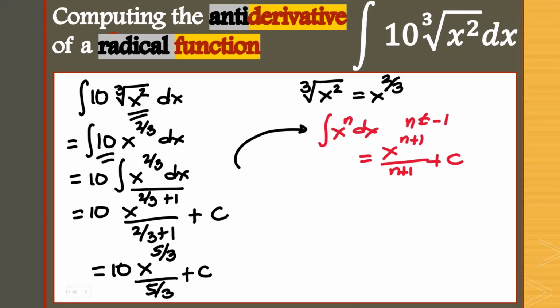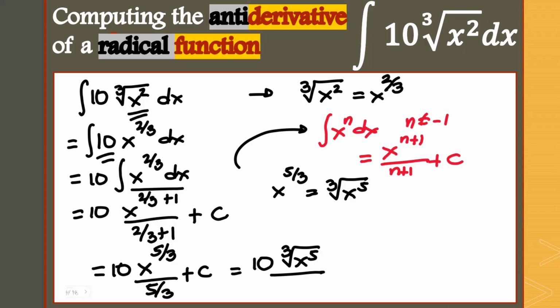Now, let's rewrite x to the power of 5/3 into a radical expression using the idea where the denominator of the exponent becomes the index. That is equal to the cube root of x to the power of the numerator of your fractional exponent, 5. So this would be equivalent to 10 times the cube root of x to the power of 5, still over 5/3, plus c.